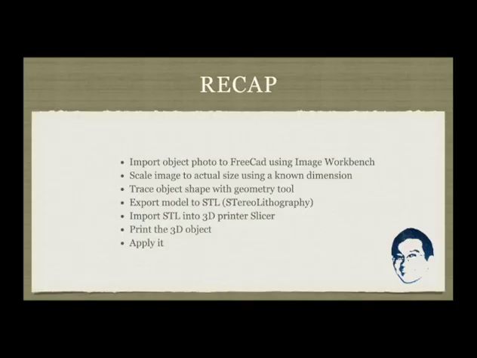We use FreeCAD to import an object photo into Image Workbench. With a known dimension of the actual object, Image Workbench allows us to scale the image to the actual object size. Next, we use the geometry tools in the Sketcher Workbench to sketch out the shape of the object required.